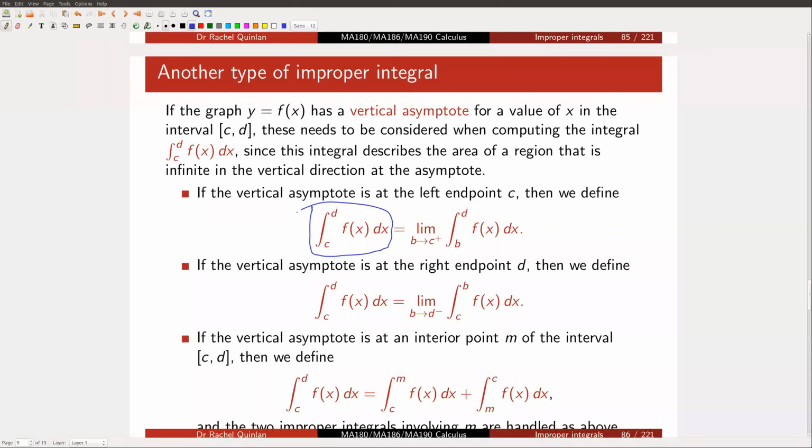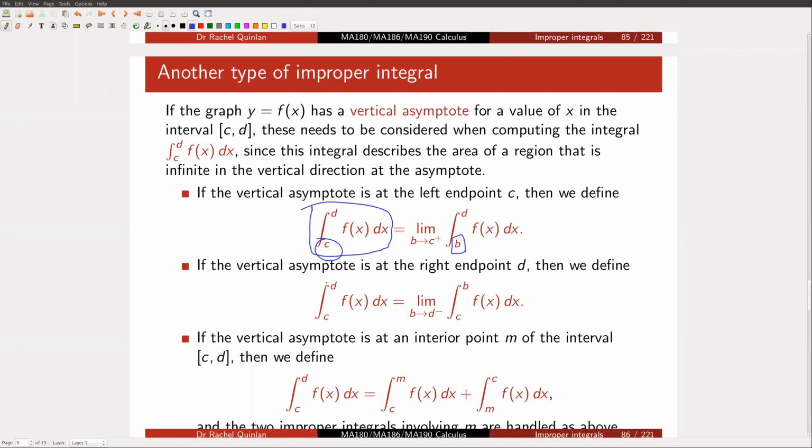Okay, so for example, if the vertical asymptote is at the left endpoint c, the way we would deal with this would be exactly as we did before, to replace the c there with some point b to the right of c, and look at a limit of this expression as b approaches c from above.